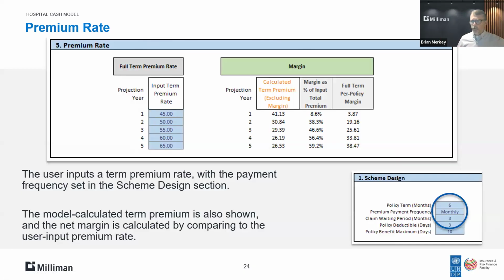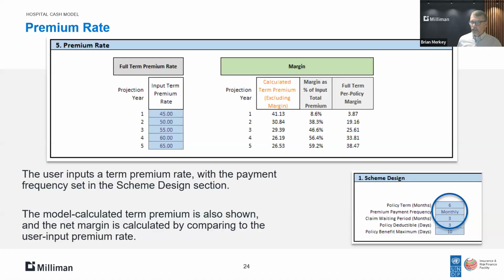And now as a user, you would be able to compare that to what the model calculates as the required premium, basically the premium with zero profit margin. And that comparison then gives a sense of what is the overall profit margin of the product, and whether this is a sustainable business, or whether either the premium being collected or the scheme parameters need to be adjusted in some way.